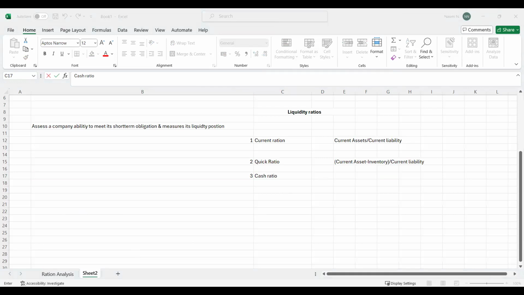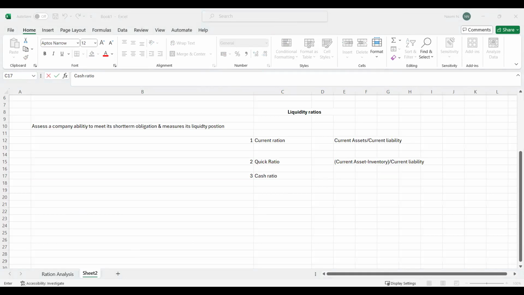So on the cash ratio, okay, maybe before we continue, on the quick ratio I can say it provides a more conservative assessment of liquidity, as inventory is often the least liquid current asset.